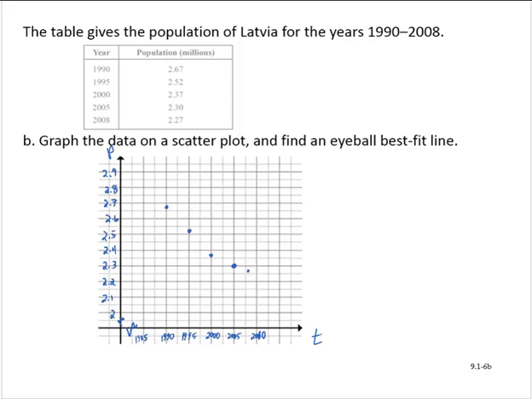Let's find an eyeball best fit line. To me, I think if I were to draw the line through the first point and the fourth point, that would give me a decent fit. So let's try that out.